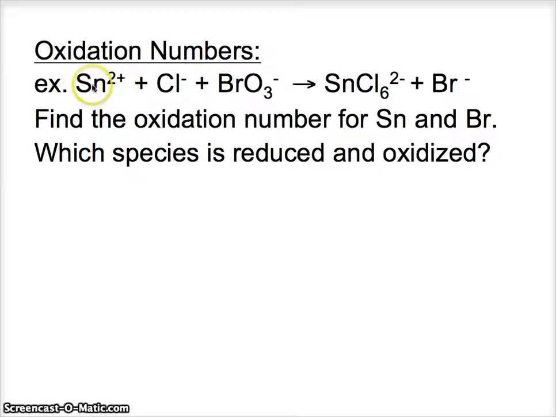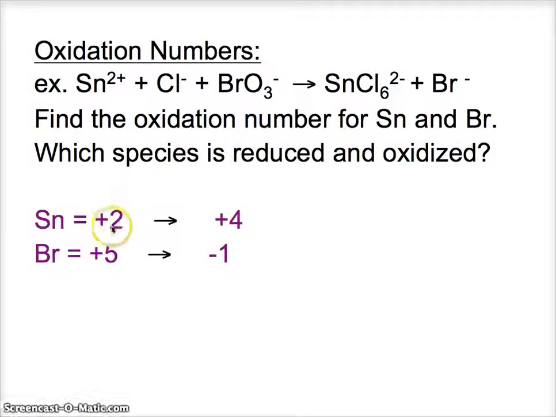Let's do this for another example. We have tin and bromine. Find the oxidation numbers for both of these before and after. Which one was reduced and which one was oxidized? Very briefly, tin started out with an oxidation number of +2 and it went to +4. Bromine started with +5, went to -1.